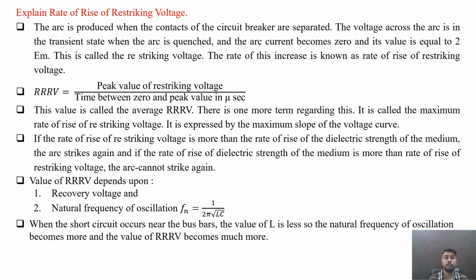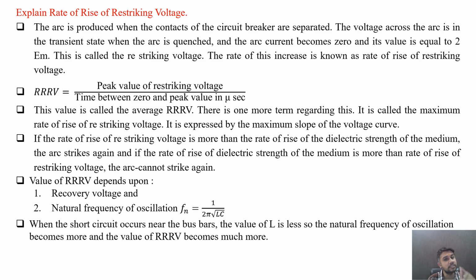There is one more term regarding this, called the maximum rate of rise of restriking voltage. It is expressed by the maximum slope of the voltage curve, where the voltage rise is the maximum. If the rate of rise of restriking voltage is more than the rate of buildup of dielectric strength of the medium, then the arc strikes again, and if the rate of buildup of dielectric strength of the medium is more than the rate of rise of restriking voltage, the arc cannot strike again.